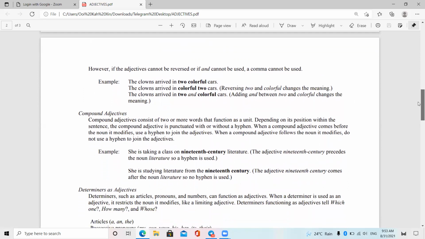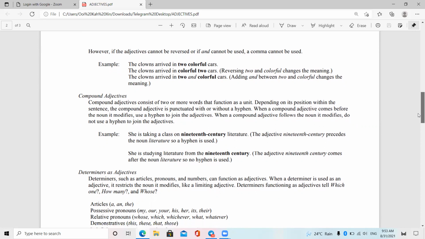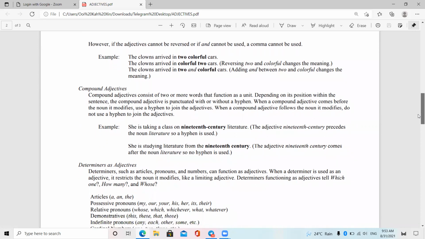A compound adjective consists of two or more words and functions as a unit. Depending on its position within the sentence, the compound adjective is punctuated with or without a hyphen. When a compound adjective comes before the noun it modifies, use a hyphen to join the words. When the compound follows the noun it modifies, do not use a hyphen.